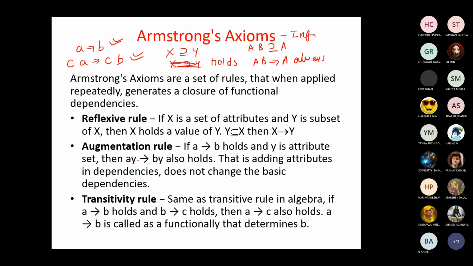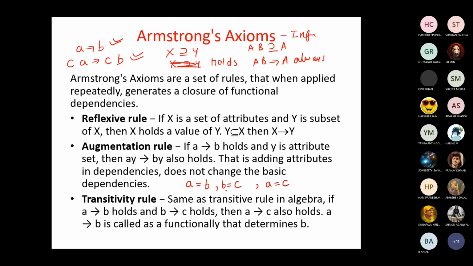Simple. The transitivity rule is very, very simple. If Ram's salary is equal to Sham's salary and Sham's salary is equal to Lakshman's salary, it means that Ram's salary is equal to Lakshman's salary.